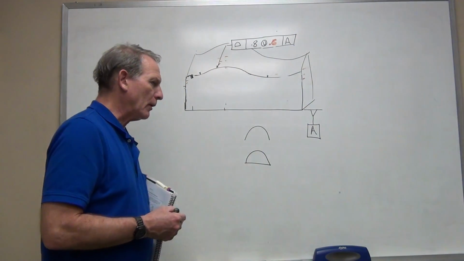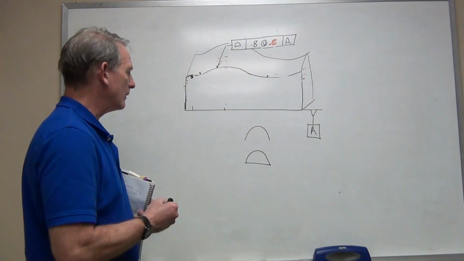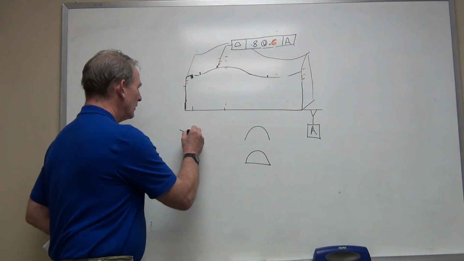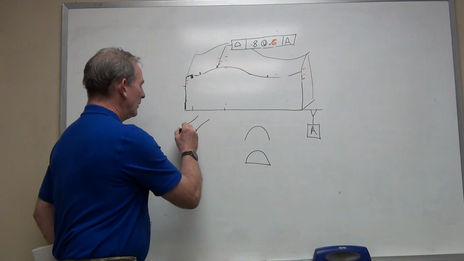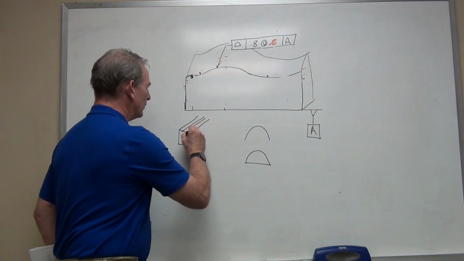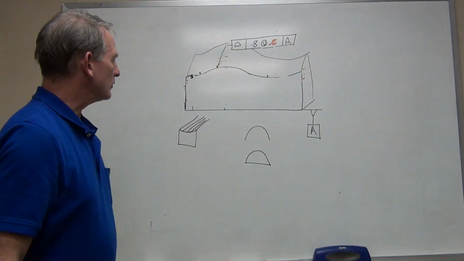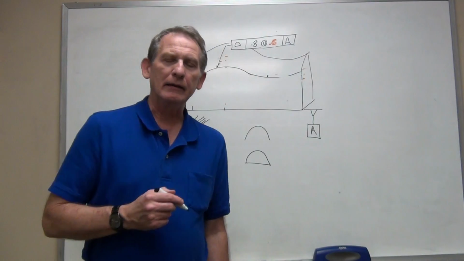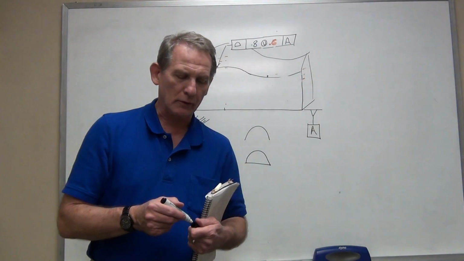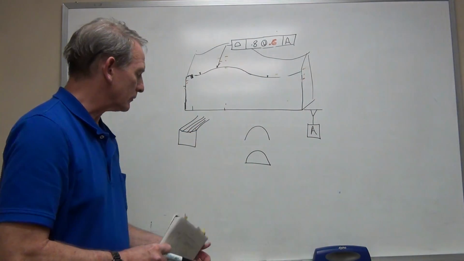And if we have a part that is, say, dipped like this, we can look at the linear elements individually, and even though the surface isn't flat, the individual linear elements are or can be straight, and we can measure that separately.